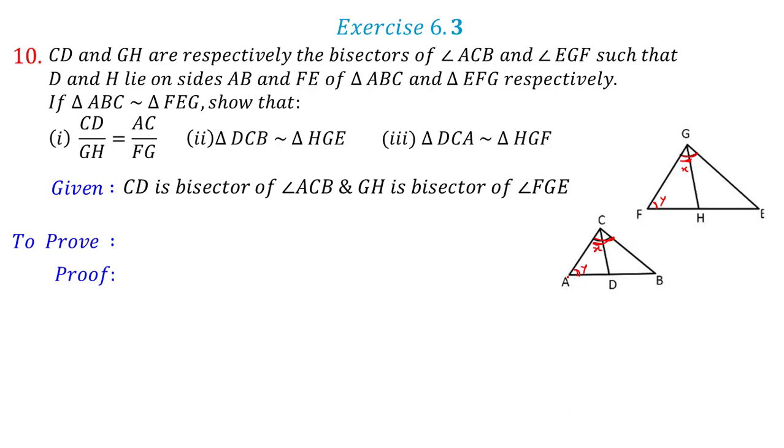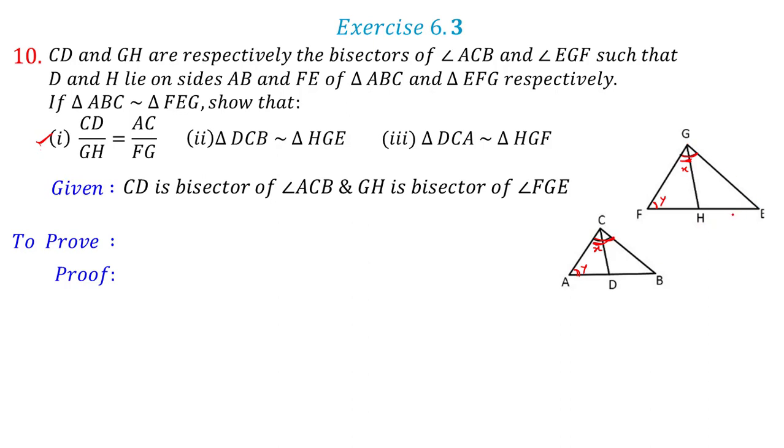Now triangles ADC and FHG, you can prove that they are similar by angle criteria. Having proved that, you can prove this first part, as they are corresponding parts of these two triangles. Second, triangle DCB is to be proved similar to triangle HGE.